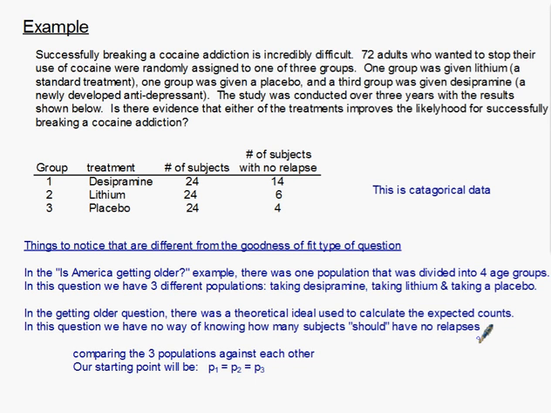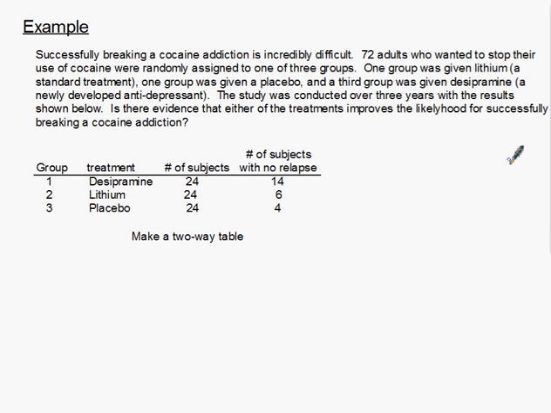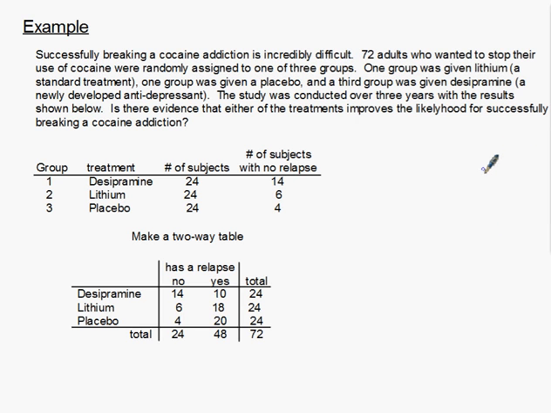Now I'm going to need to make some space, so I'll get rid of this comparison stuff. We're going to need to make a 2-way table, which is going to look something like this. And notice that this 2-way table is different than the data table.